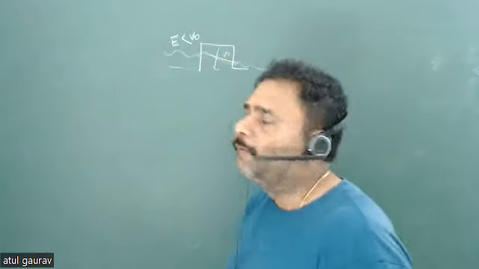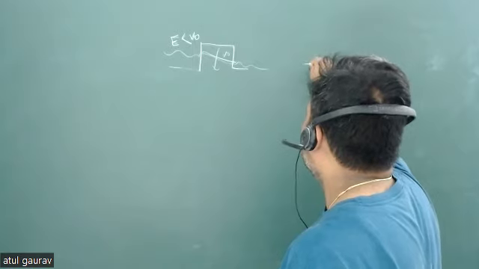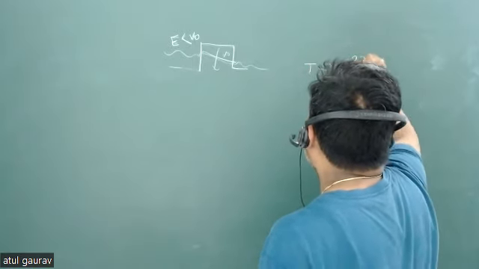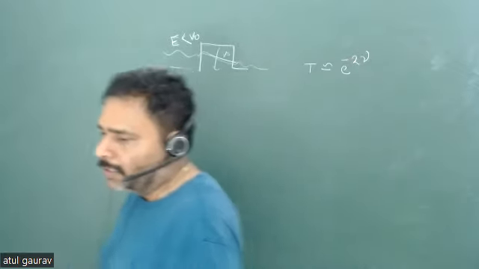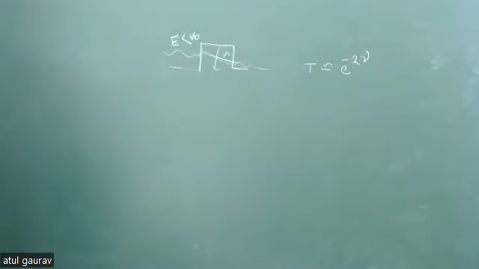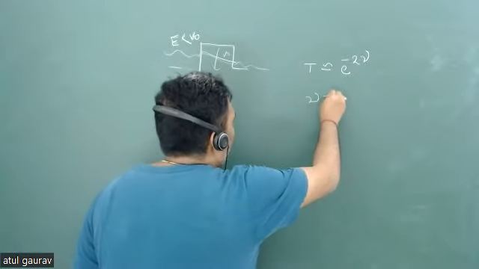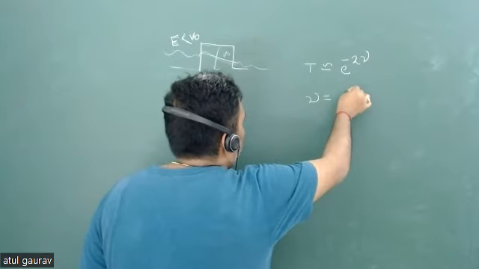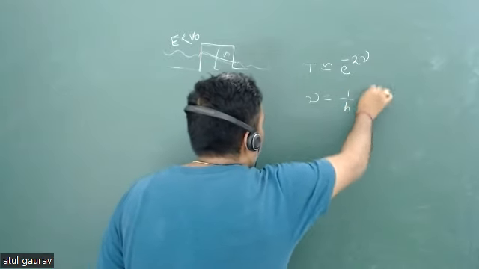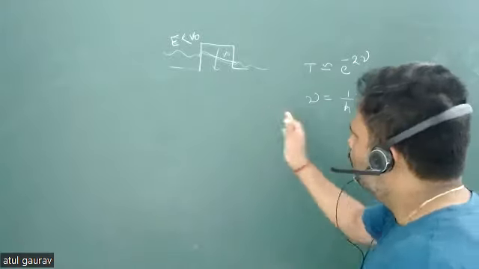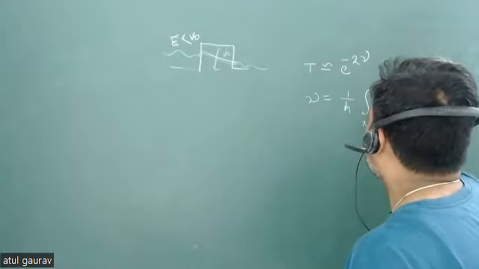So the tunneling probability from the WKB approximation is more or less e to the power -2 gamma. This is your tunneling probability, and you have to calculate the value of gamma. So the value of gamma is equal to 1 upon h cut times the integration, obviously between the points where it is going to tunnel down.